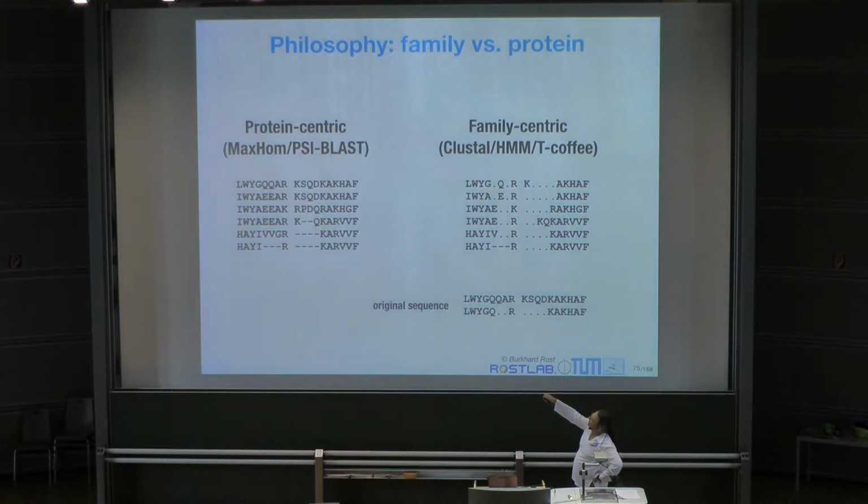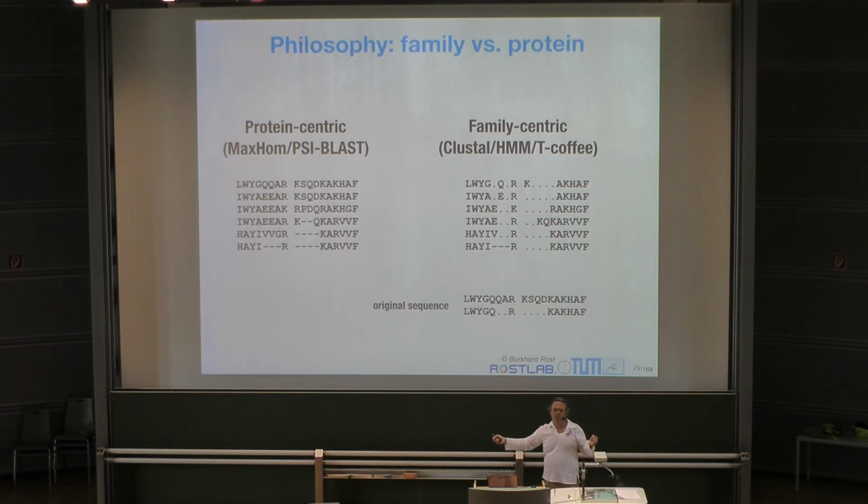What I mean is, when I start from this sequence in the view of Maxom, this sequence is a real sequence. Everything that is aligned to it may have an insertion, may have a deletion, so we may delete some residues, but not in my first sequence. The first sequence is what I want to compare it to.